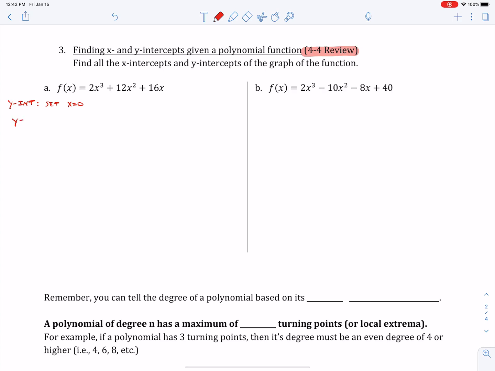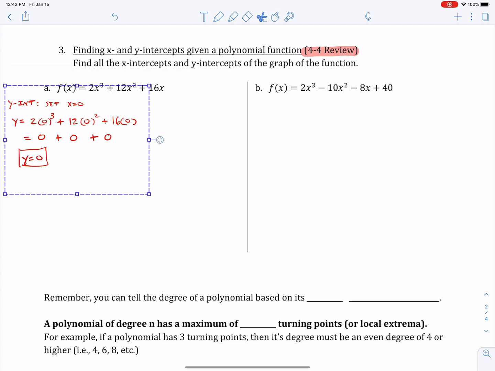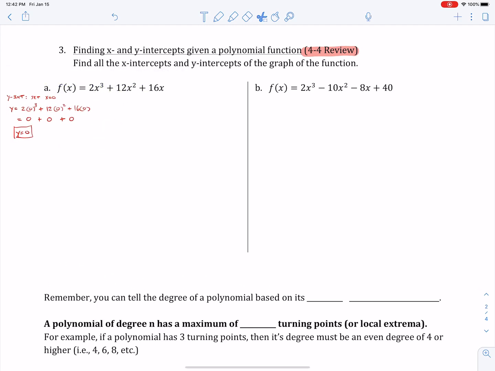I have y equals 2 times 0 to the third power plus 12 times 0 to the second power plus 16 times 0. Well, 0 to the third power is just 0. 2 times 0 is just 0. Plus 0 squared is just 0. 12 times 0 is 0. Plus 16 times 0, 0. Thus, my y equals 0. That one's easy.